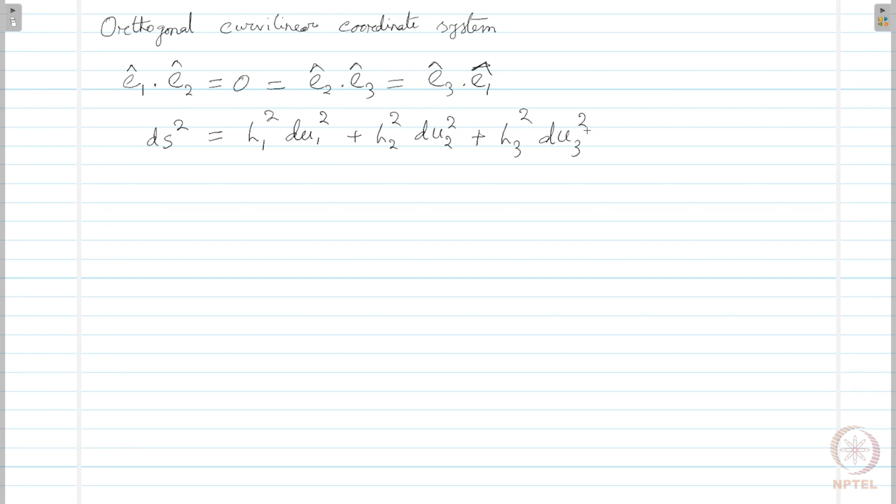Now, along a u1 curve, u2 and u3 are constants. If we consider a curvilinear coordinate system where this is the u1 axis, this is the u2 axis and this is the u3 axis, just a simple picture, then along the curve of u1 the other components, u2 and u3, will necessarily be constant in an orthogonal system.